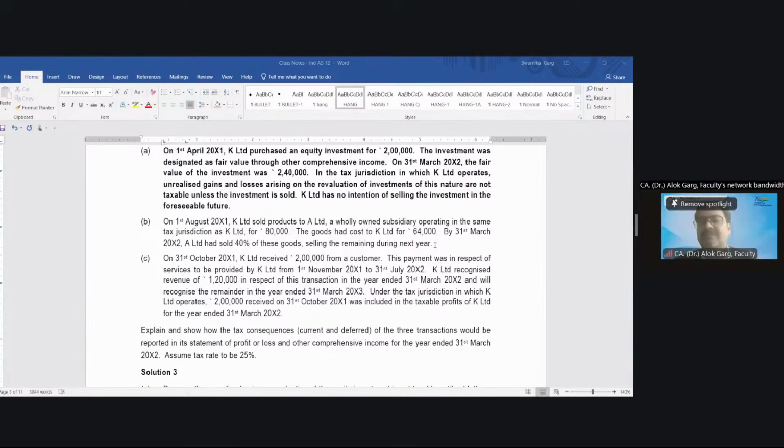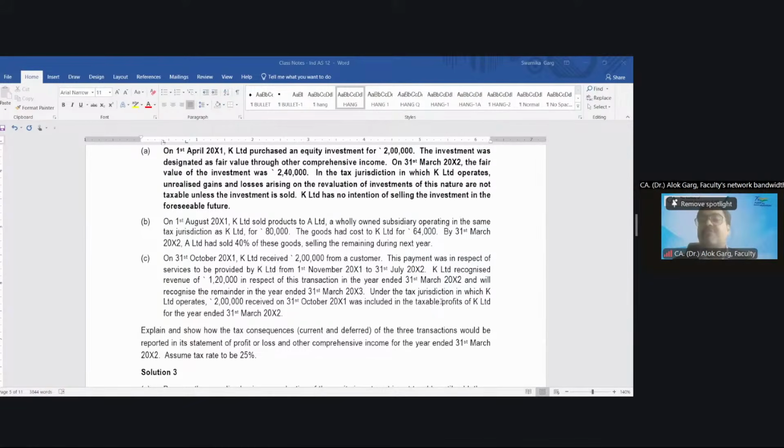But by 31st March, this subsidiary has sold 40% of these goods. So in the first year end, if the parent prepares the consolidated financial statement, how much of the goods have been sold to external parties?